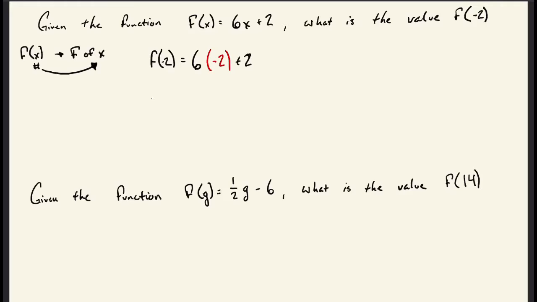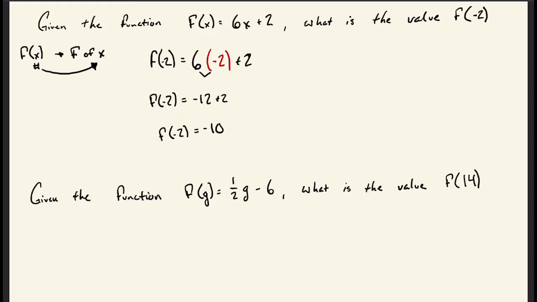Well, f of negative 2, just bring everything down, equals 6 times negative 2 is negative 12 plus 2. Negative 12 plus 2 is negative 10.